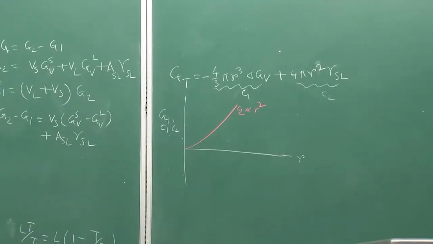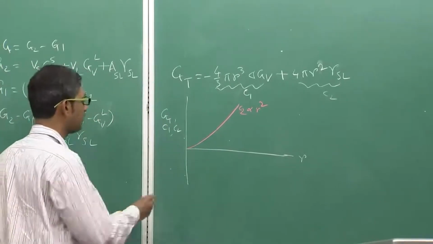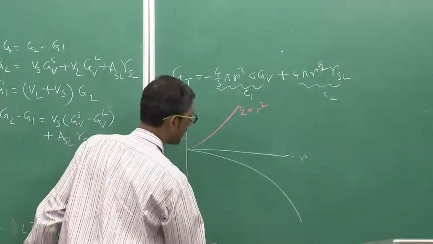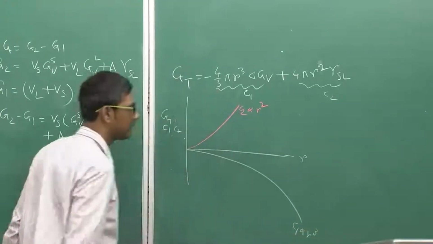What about C1? C1 is R cubed dependent, so if I plot C1, C1 is proportional to R cubed.